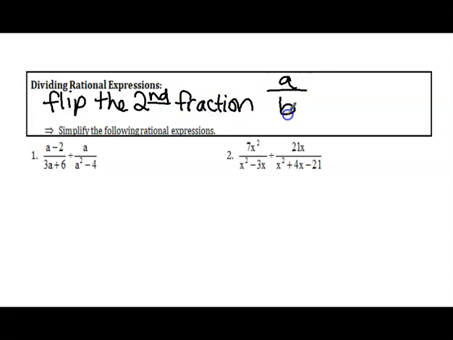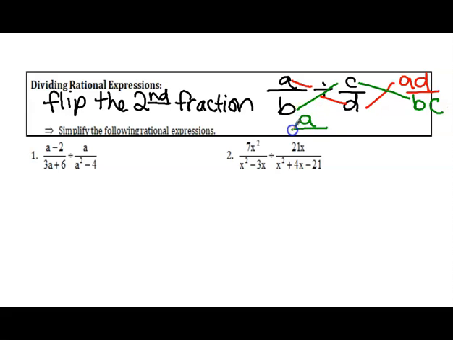So if you have a over b divided by c over d, okay? And some people I know have learned the bouncy ball method, which is a times d, and then you put it on top. So like a bouncy ball, it goes down, then back up, okay? So then it would be a times d. And then the other bouncy ball would be b times c, and then that would go on the bottom, okay? So that's one way to do it.